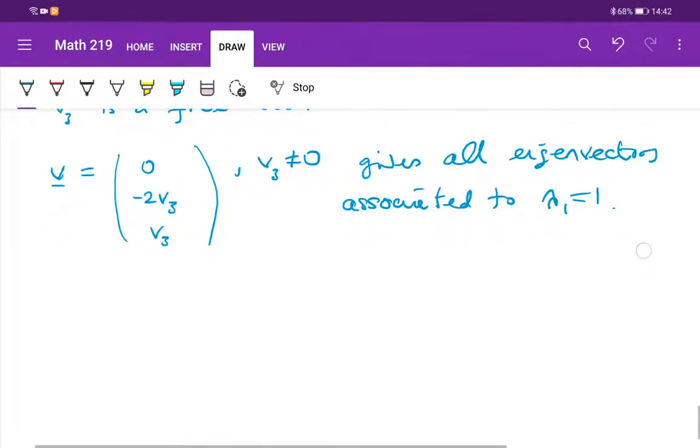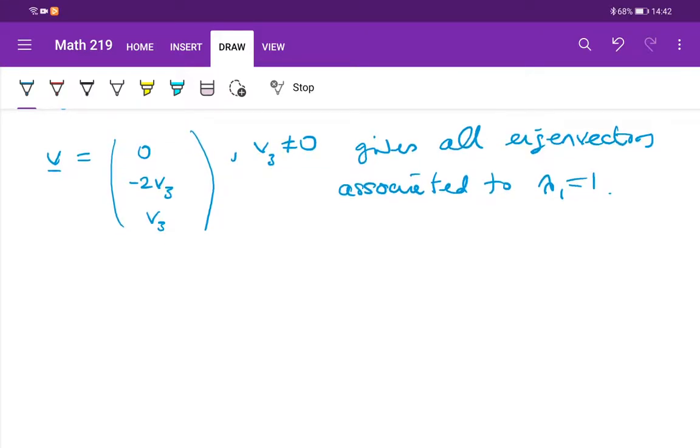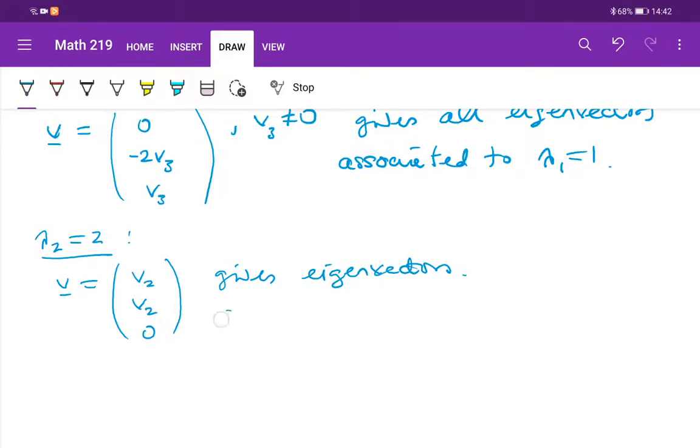And we can argue similarly for the others, so let me just tell you the answers. For lambda 2 equals 2, we do the same thing, and you get V equals V2, V2, 0. This gives the eigenvectors. Here V2 has to be non-zero, of course.